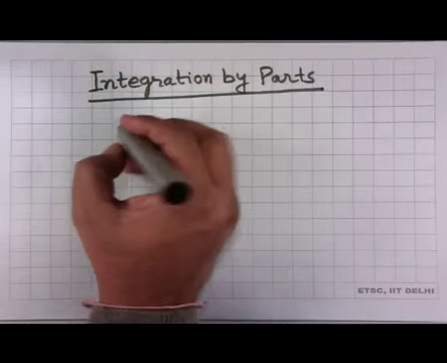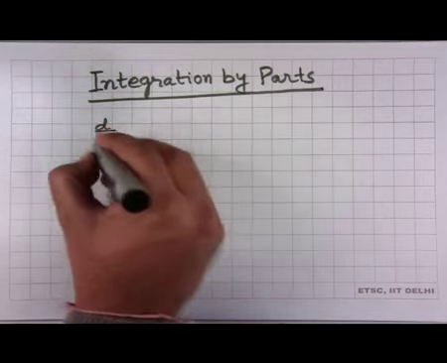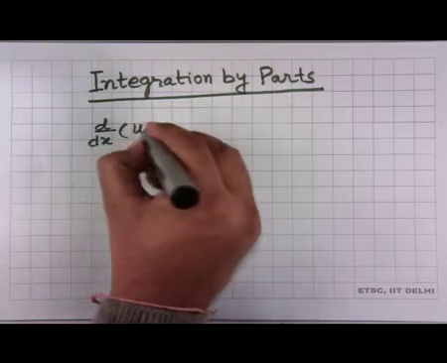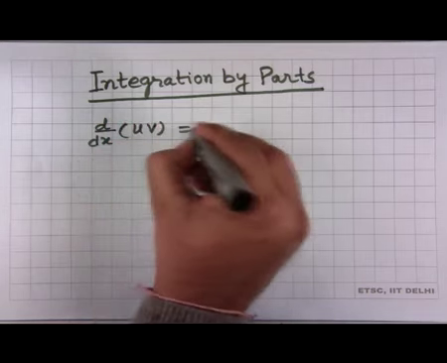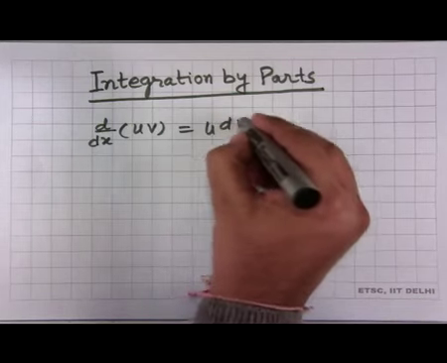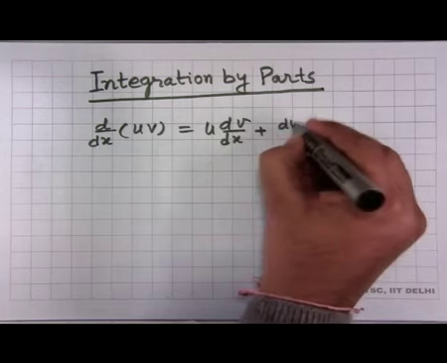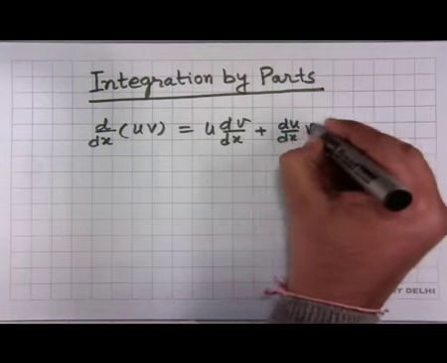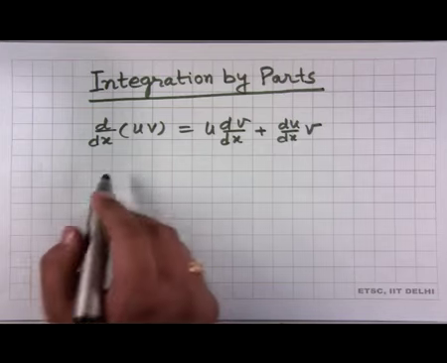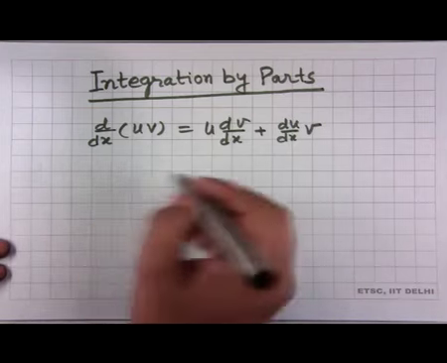The method is motivated by the fact that in case of differentiation, we know that the differential of two functions u and v, if we take the differential of their product, turns out to be the following, where u and v are obviously assumed to be functions of x.